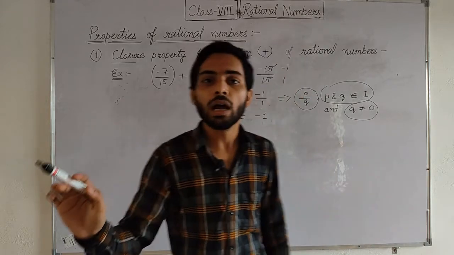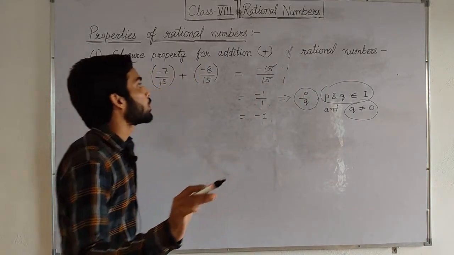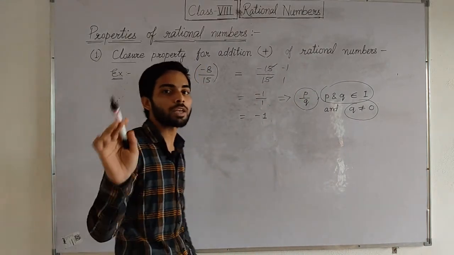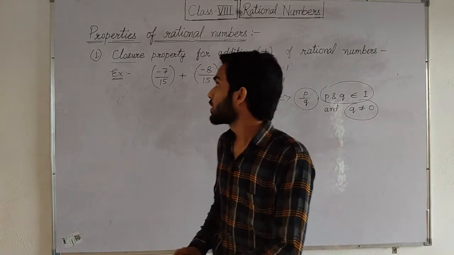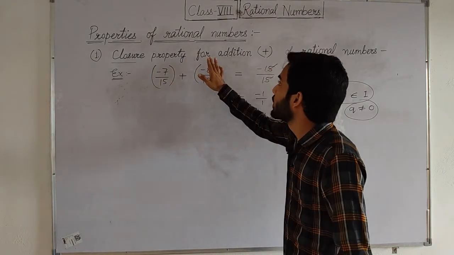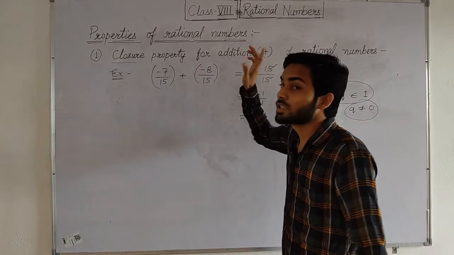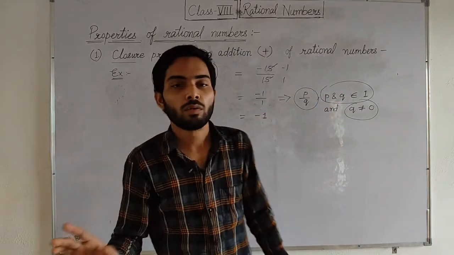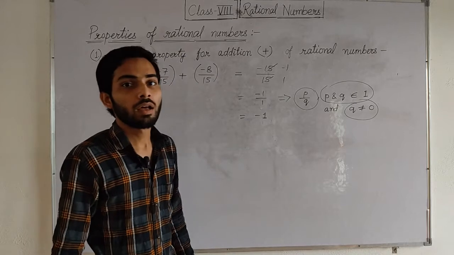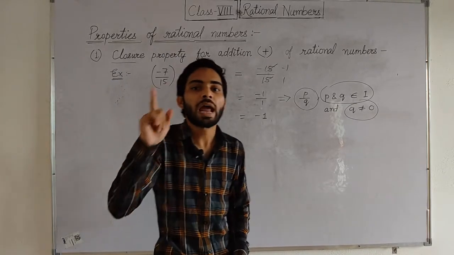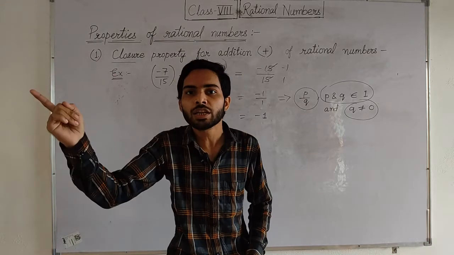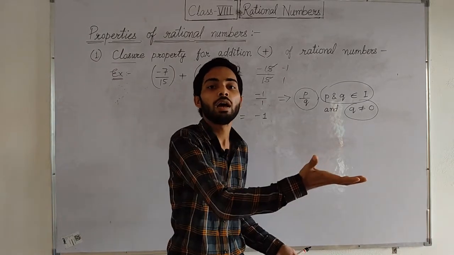Similarly, there is the closure property for subtraction of rational numbers. My dear students, what does that property say? That property says that if we subtract a rational number from any other rational number, we always get a rational number.